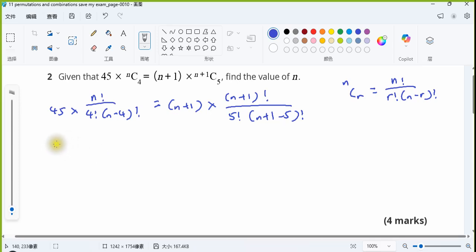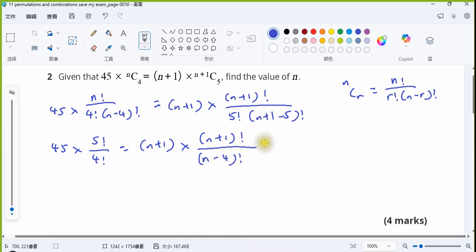So we have the 45 times 5 factorial over 4 factorial equal to the n plus 1 times the n plus 1 factorial over n minus 4 factorial and then times the n minus 4 factorial over n factorial.